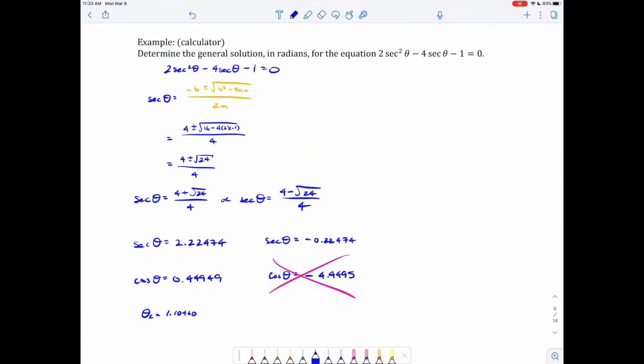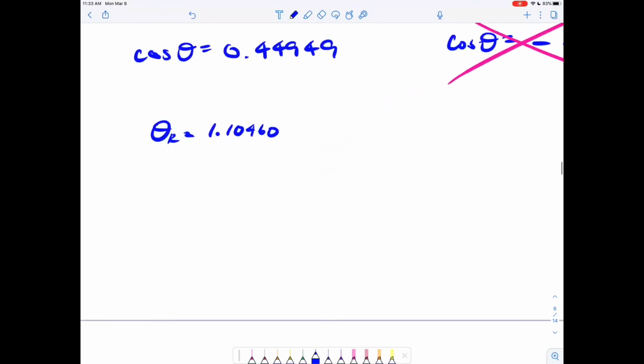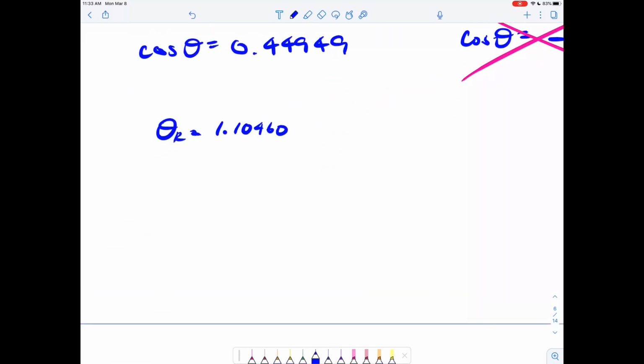What do I want? General solution. So in quadrant 1, we're dealing with 1.10460. In quadrant 4, since cosine's positive, 2 pi minus that is 5.17858.